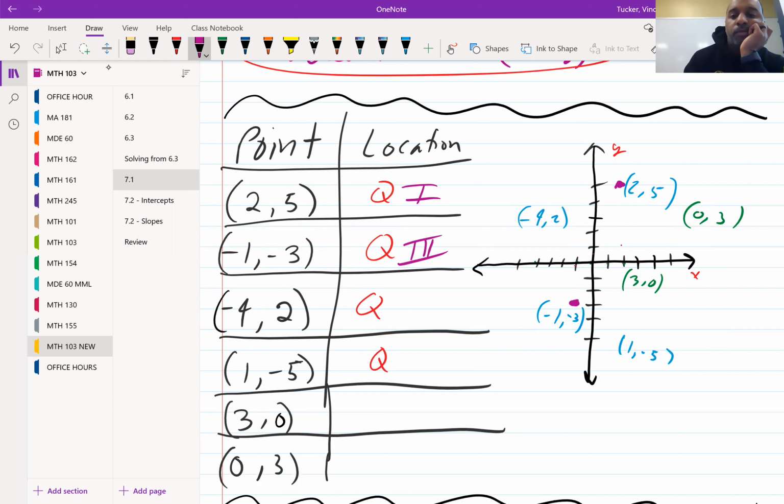Next one, left 4, up 2. Puts me right here, which is quadrant 2. And then the fourth one, to the right 1, down 5. Puts me right here in quadrant 4.